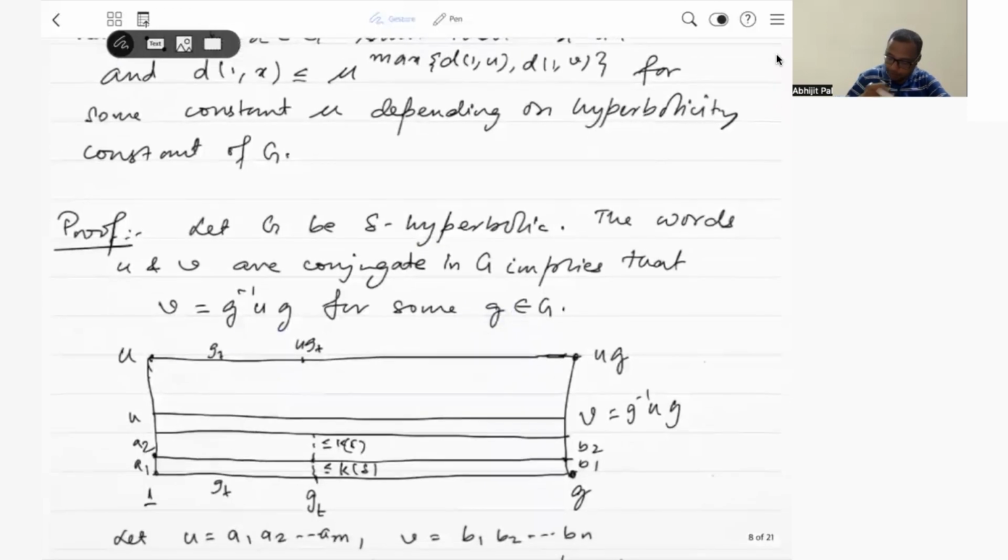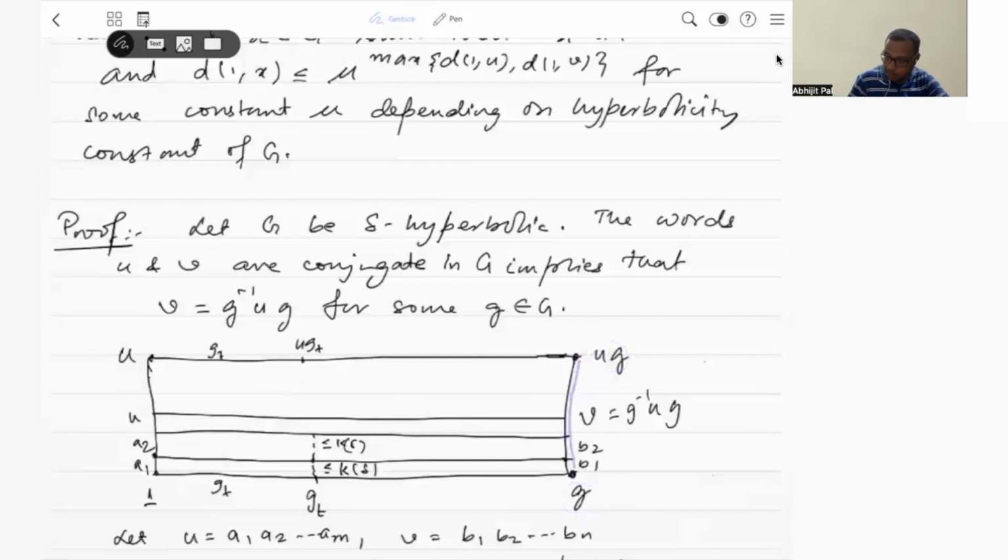And we have this picture here. Take this identity element, and this element U. Join 1 to U by a geodesic, and let us take this element g and this element Ug, and join g and Ug by a geodesic in the group G. What will be the word representing this geodesic?